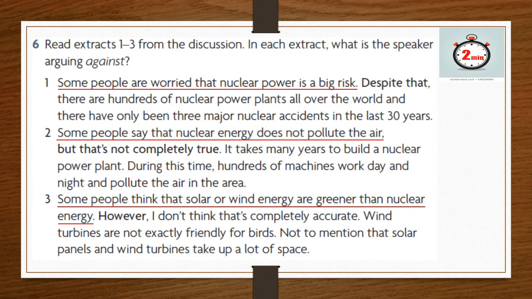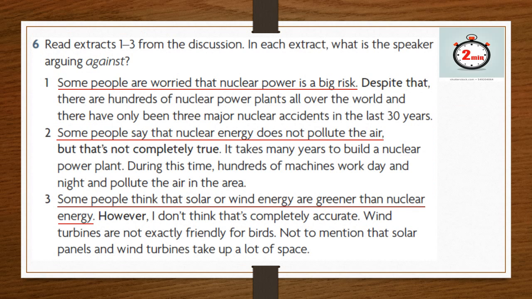Number 2, some people say that nuclear energy does not pollute the air, but that's not completely true. This is a counter argument word or phrase, but that's not completely true. The earlier idea is what the speaker is arguing against, and the sentence after it is the counter argument.